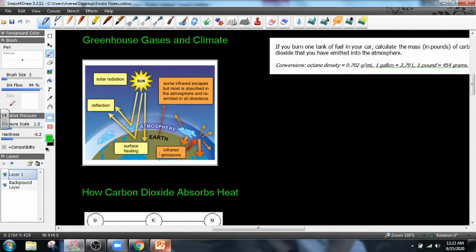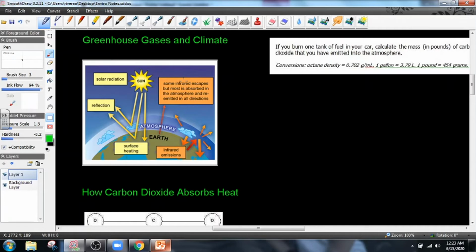The Earth also emits its own radiation. As the UV is bouncing back out of our atmosphere, as well as radiant heat from the surface of the Earth, it is emitted as infrared radiation. Some of this infrared radiation escapes, but a lot of it is absorbed by greenhouse gases.